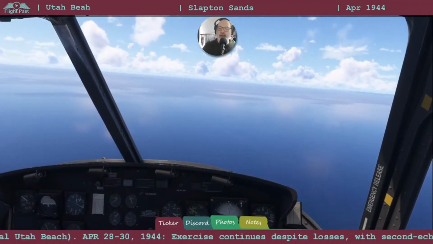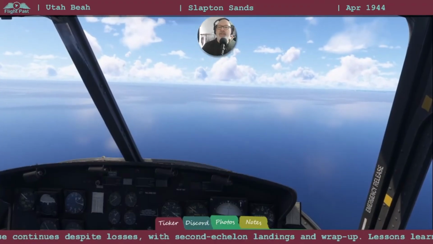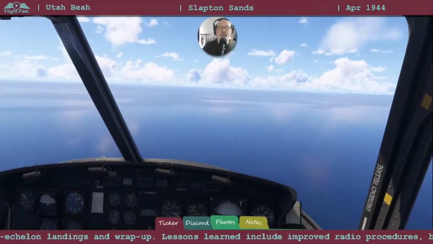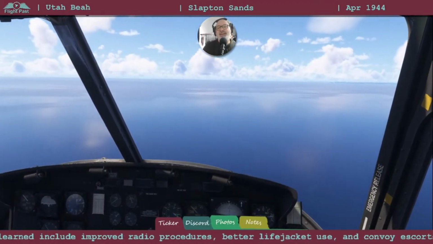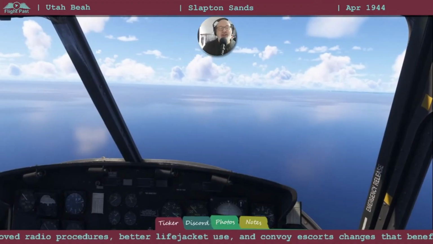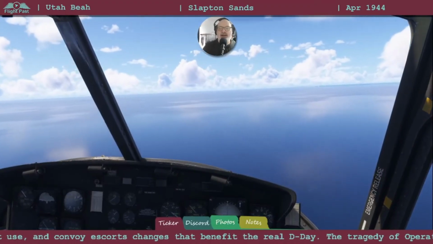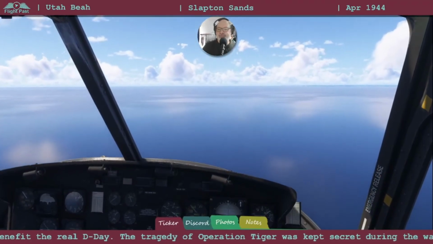But of course, the naval bombardment had now been pushed back an hour. So rather than them firing over their heads as they hit the beach, the naval bombardment is hitting the beach at the same time as the LSTs hit the beach.